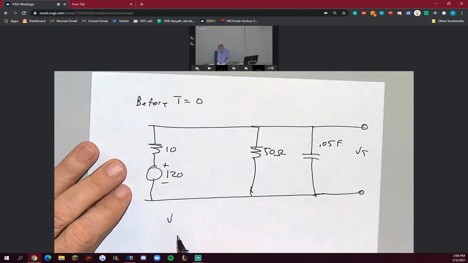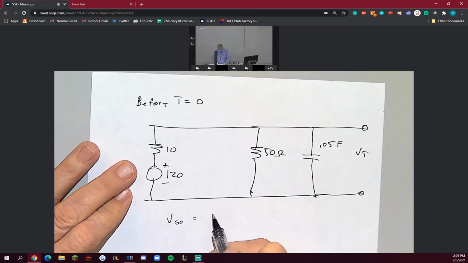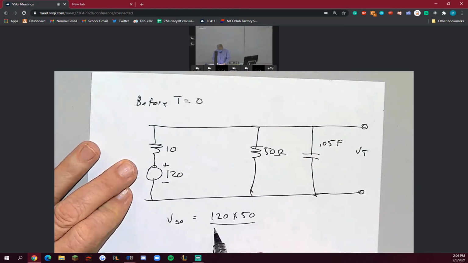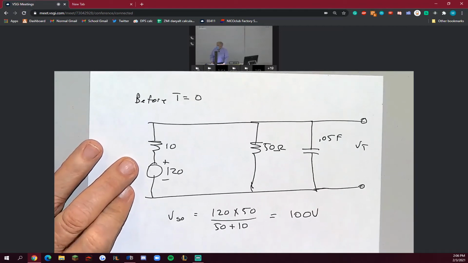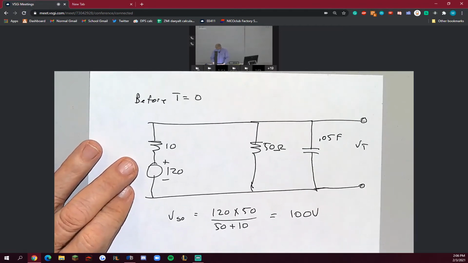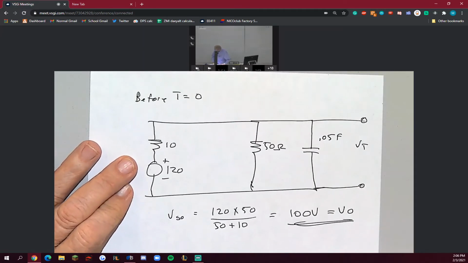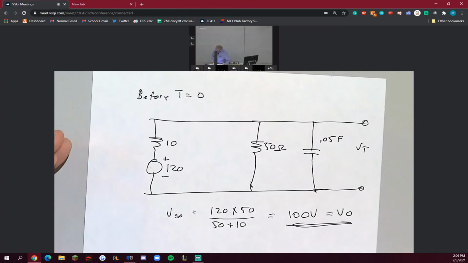So V50 is equal to 120 times 50 over 50 plus 10, which is 100 volts. And that's V0 for the capacitor. Okay, so that's one of the three things we need to know.